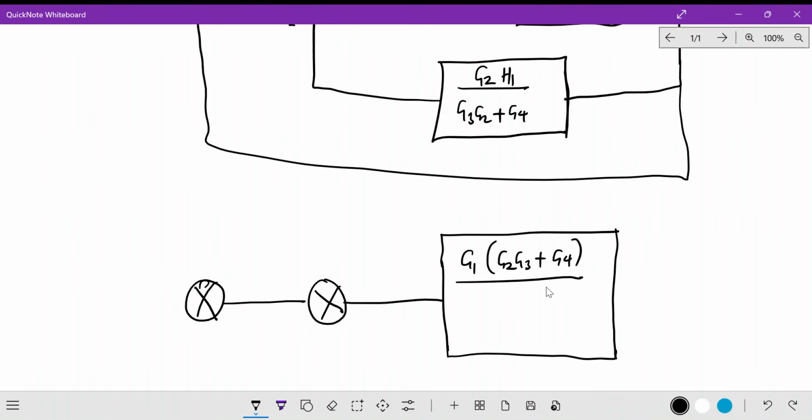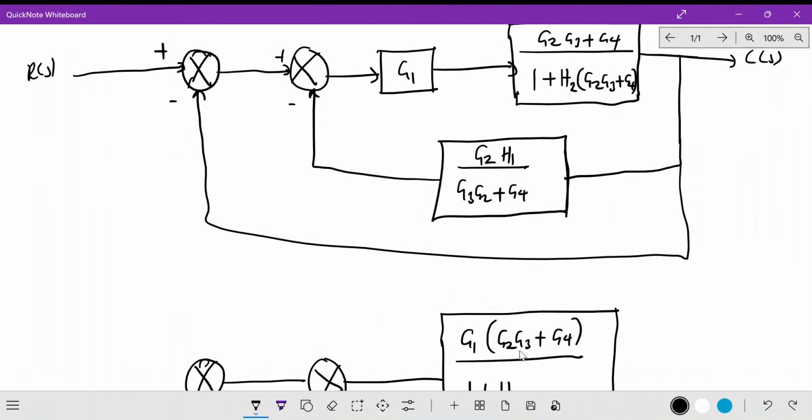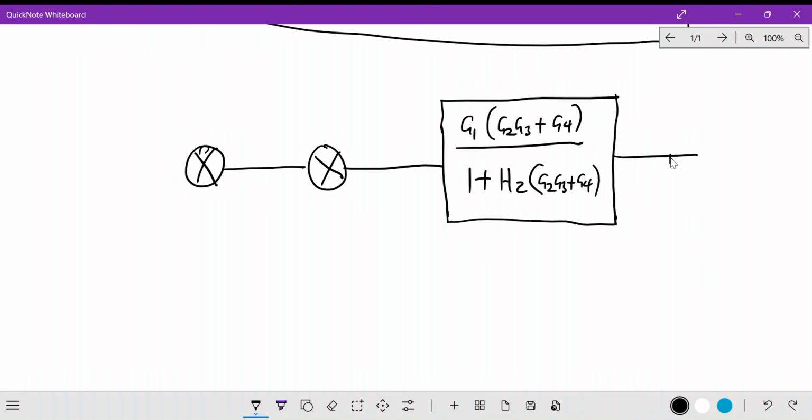And then divide by 1 plus H2 times G2, G3 plus G4. Okay, and then just like before, as usual, we have this feedback.